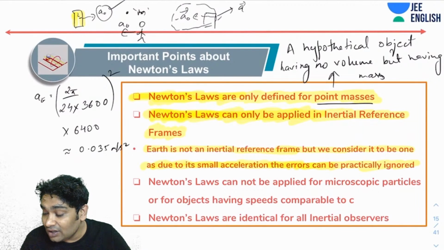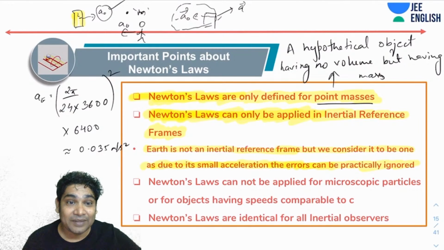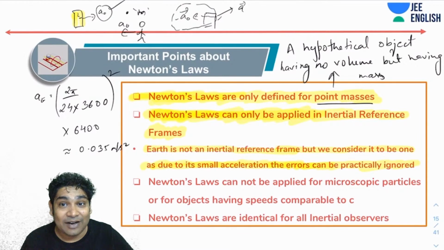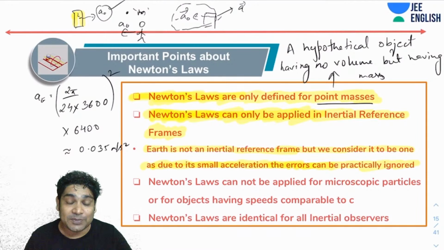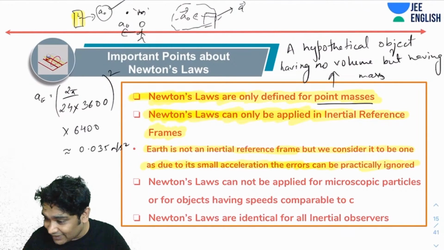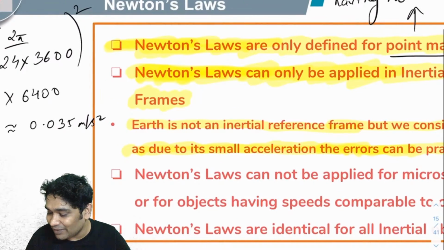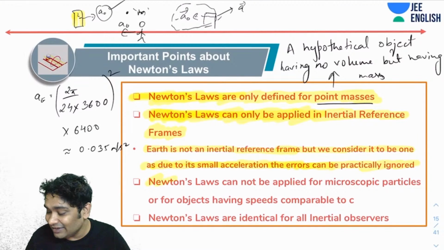Next, of course, Newton's laws also cannot be applied for microscopic particles. For this, you will have quantum mechanics, and for objects moving with very high speeds, you will have relativistic mechanics. Another very interesting point which I did not mention the last time, let's highlight this.